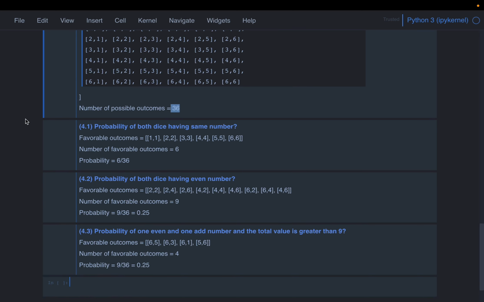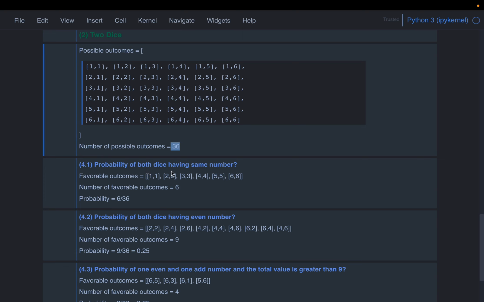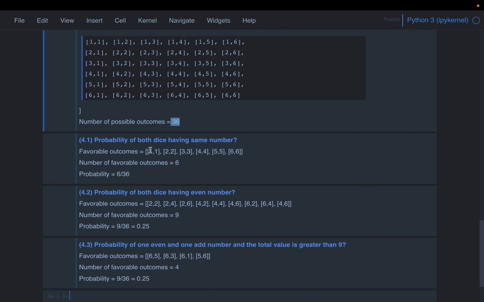Now let's ask the question, what is the probability that both dice have the same number? Okay, so this time our possible outcome space has 36 values. Now let's look for the favorable outcomes for this particular question, having the same number on both dice, right? So here we have 1 1, 2 2, 3 3, 4 4, 5 5, and 6 6. Those are the 6 favorable outcomes, right?